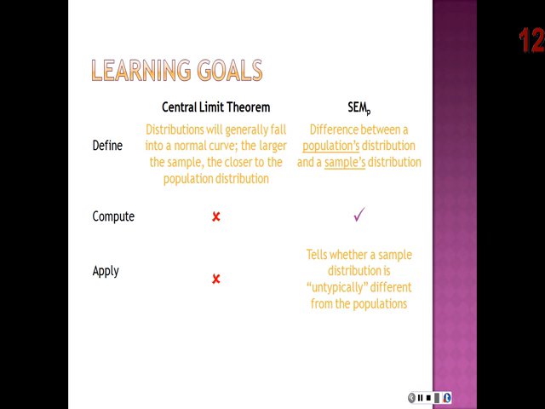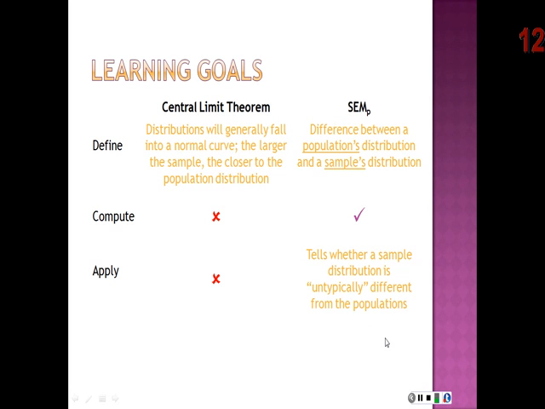And so to bring it back to the learning goals for this lecture, what you want to know is the central limit theorem. Distributions will generally fall into a normal curve, and the larger the sample, the closer to the population distribution. And the SEM, the standard error of the mean, is the difference between a population's distribution and a sample's distribution. We also calculated the standard error of the mean, and then we applied it.